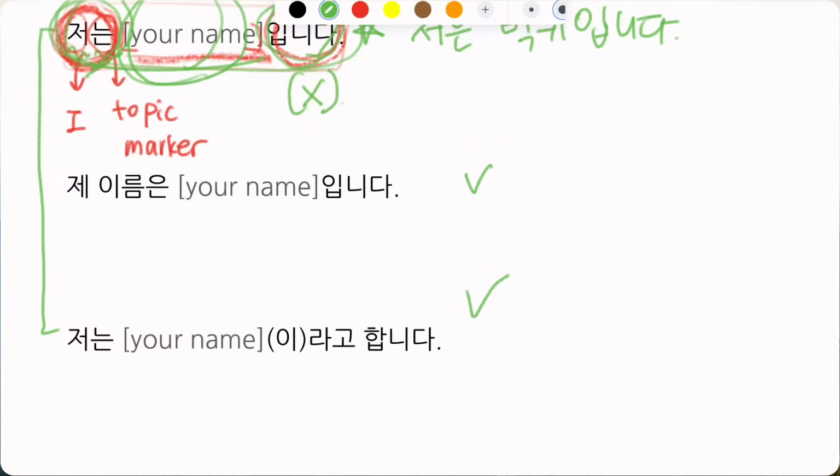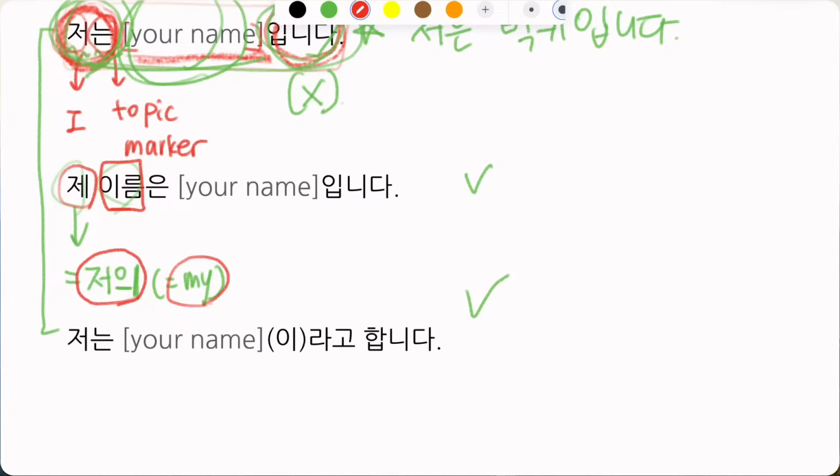You can say 제 이름은. To break down, 제 is a shortened form of 저의, and it means my. So either you say 제 or 저의, they both mean my, and 이름 means name. 그래서 제 이름, my name, and 입니다.